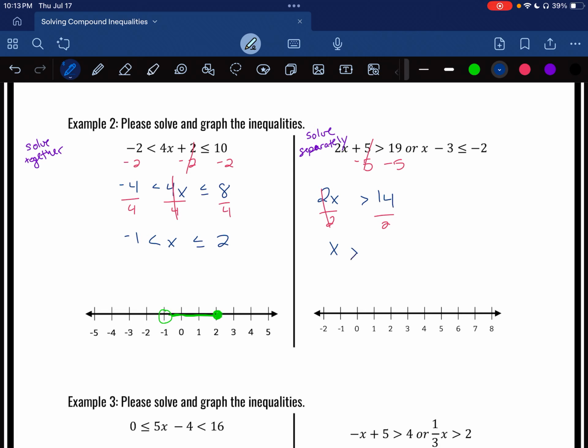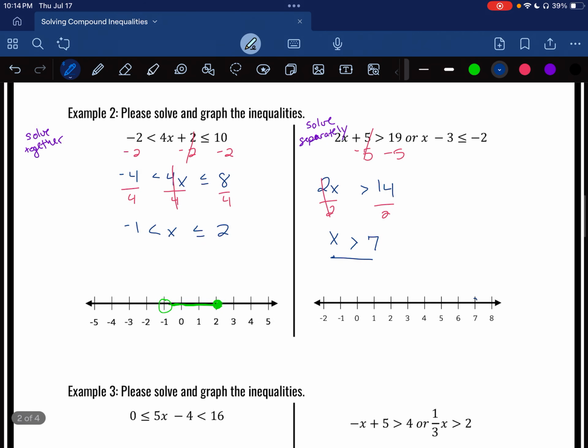And here, let's just do this one in blue. So this is greater than 7. An open circle here, and I'll graph it. All right, now we need to solve this one. So this one just looks like a one step. I'll add 3 to both sides.